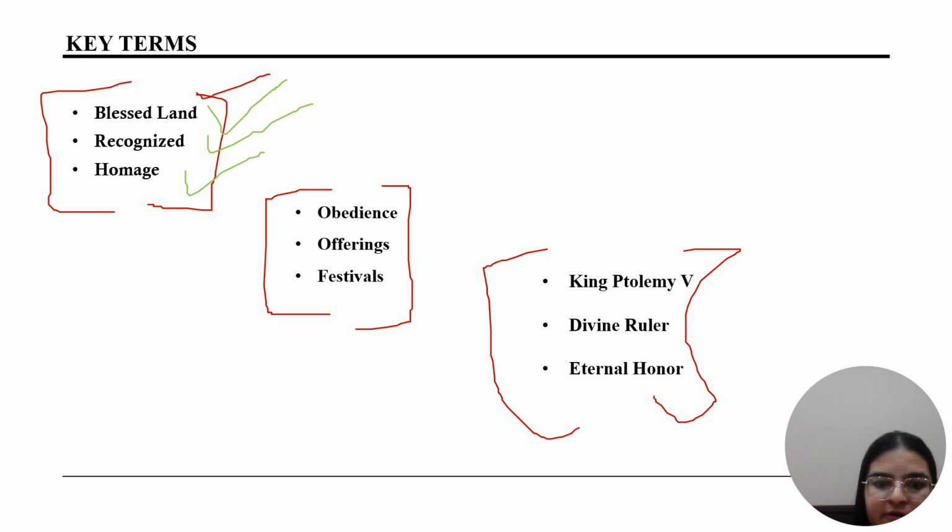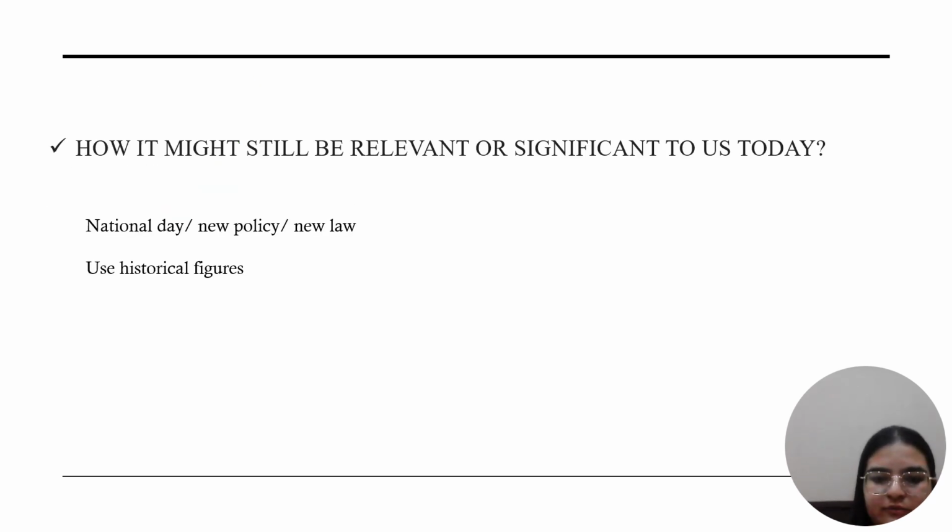In the same way, obedience is used to always take their orders, and to always follow them, like how they pass the new policies and they should follow them. And in the same way, the last section uses these words and talks about the new rules or laws issued by the king. So let's move to the next.